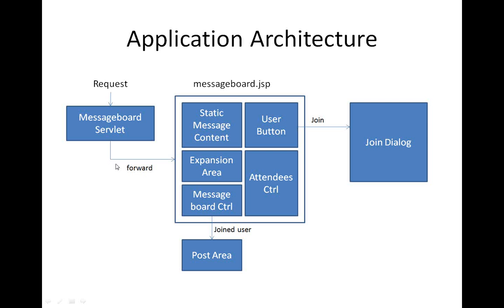Let's go back to our slides. So in the message board servlet, I prepare the data and forward the request to our messageboard.jsp. The messageboard.jsp contains five parts. The first part is the static message content.